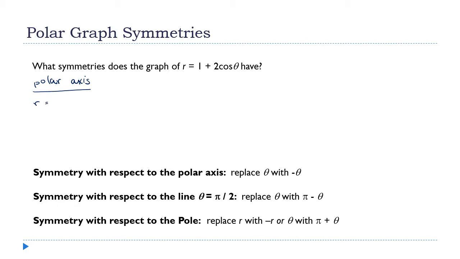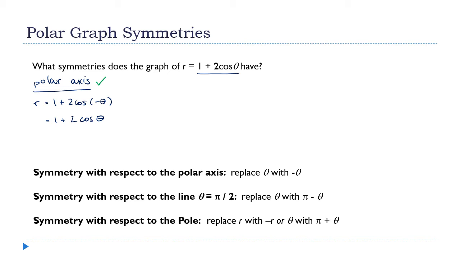So if I do that, this becomes r equals 1 plus 2 cosine of minus theta. And we've got our cosine negative angle formulas. This is 1 plus 2 cosine theta, and that was my original formula. So this one is a yes. This function is symmetric with respect to the polar axis.